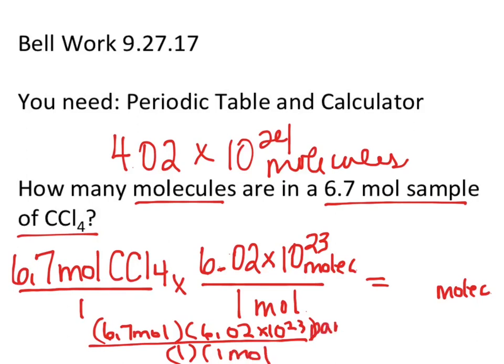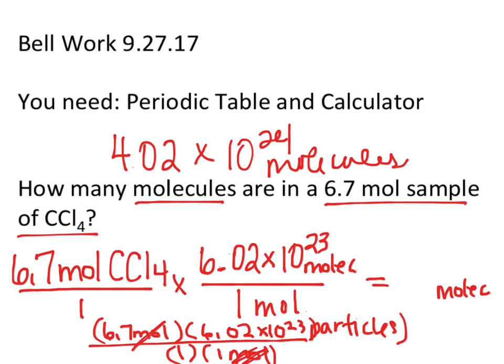And this is particles. When I look at the units and divide a mole by a mole, what's that answer? 1. It just goes away. The moles cross each other out, and we're left with a unit of particles or molecules.